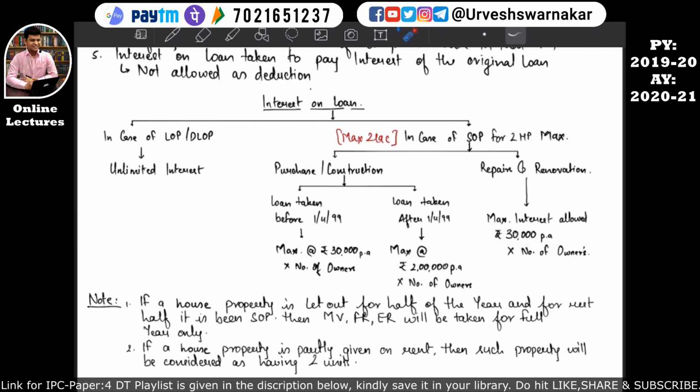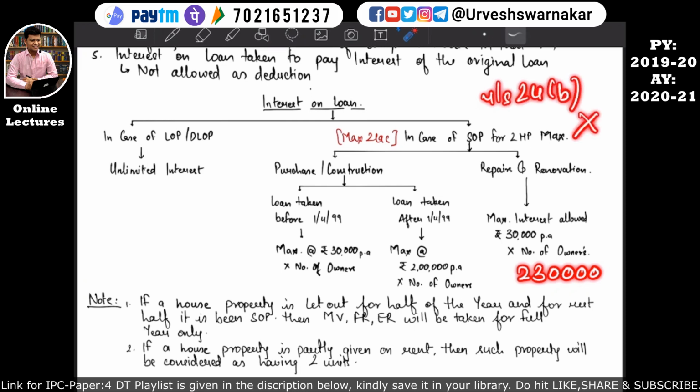You might be thinking, is there a combination? If an assessee has taken a loan for SOP for purchase and construction as well as a loan for repairs and renovation, can this 2 lakh plus 30,000 be clubbed, so that 2 lakhs 30,000 can be allowed as deduction under section 24 subsection B?